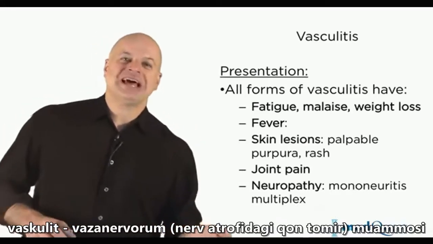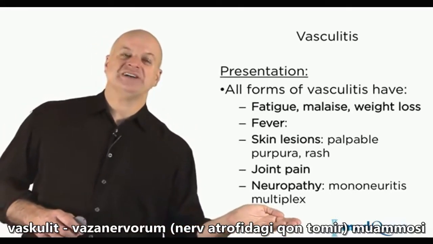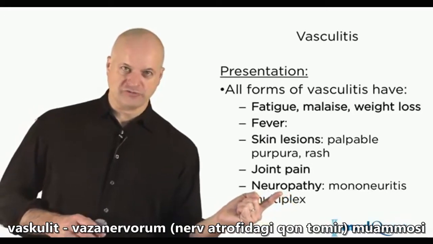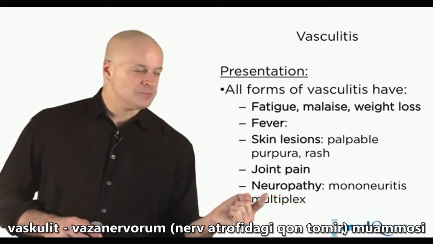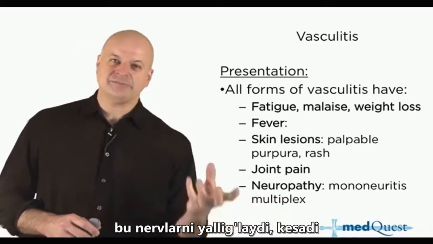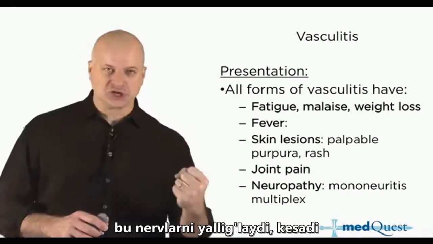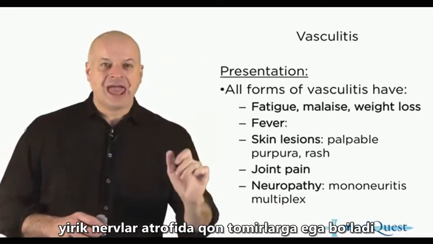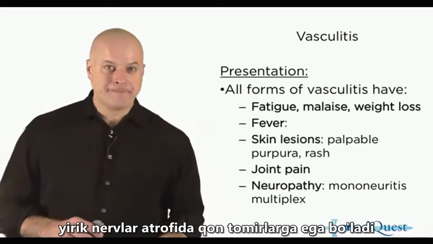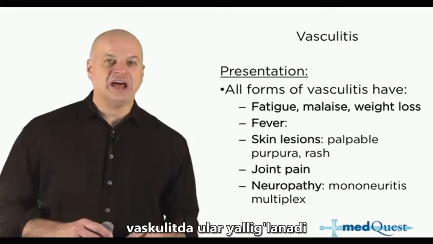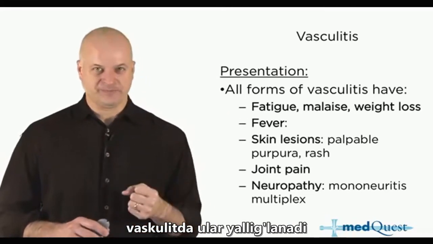Now, vasculitis does that because vasculitis is a problem of the vasa nervorum, the blood vessels around the nerves. So it inflames and chokes off those nerves. Big nerves have vessels, and vasculitis inflames them.